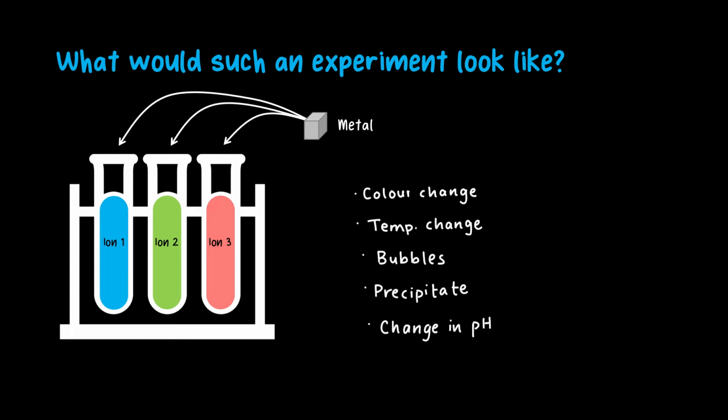Any of these can tell us a reaction has occurred. Typically, we're going to be doing single displacement reactions, and we'll be looking for things like color changes and the formation of a precipitate.